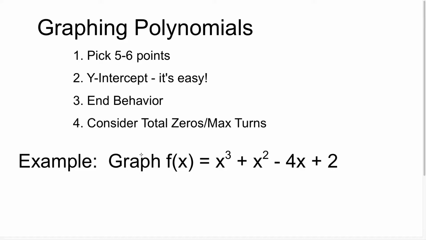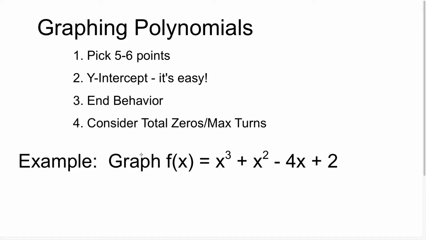Okay? So you want to keep a handle on things, and you don't want to get too crazy and draw all these turns and x-intercepts if it's a cubic polynomial and it can only cross the axis 3 times. So keep that in the back of your mind, but it's not absolutely important to your graph. It's just that at the end, make sure you didn't go too wild with your turns.